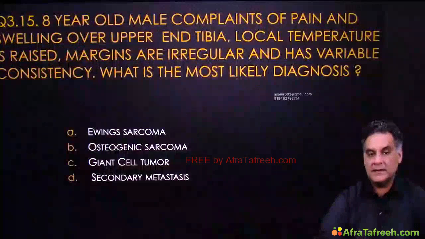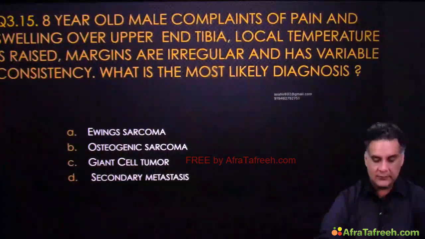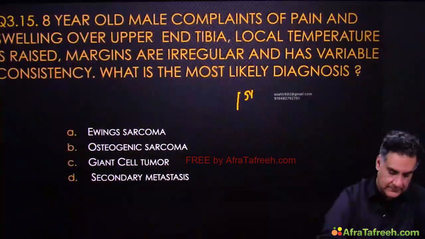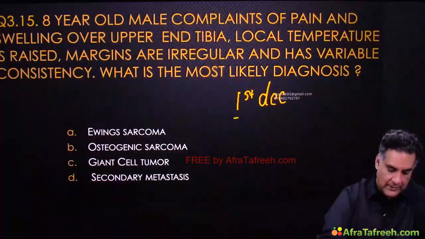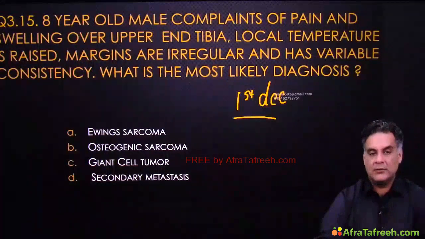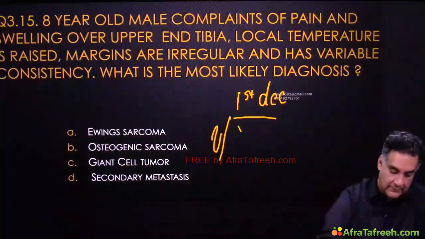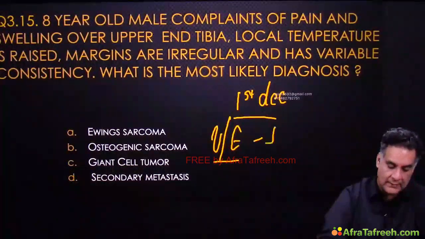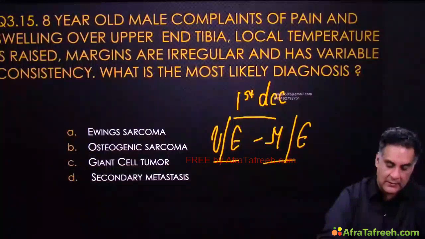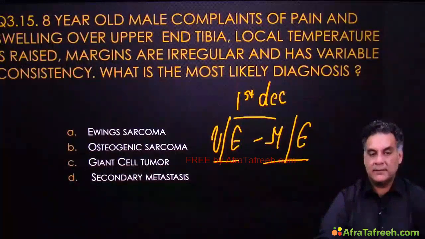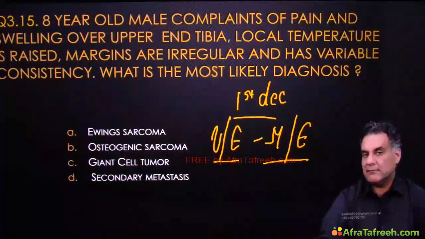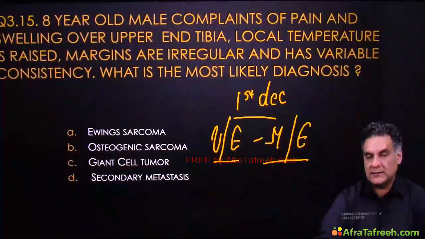Question number 15. An 8-year-old child, so first decade, complains of pain and swelling over the upper end of the tibia. Upper end can be metaphysis or epiphysis. Local temperature raised. Margins are irregular. Remember, when you have a benign tumor, it has well-defined margins.